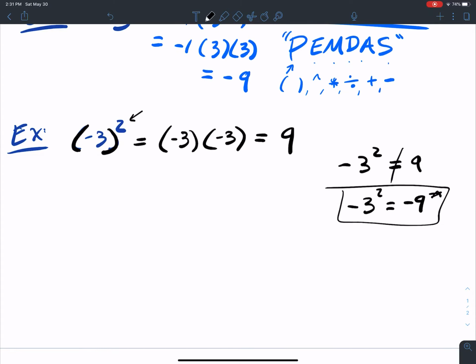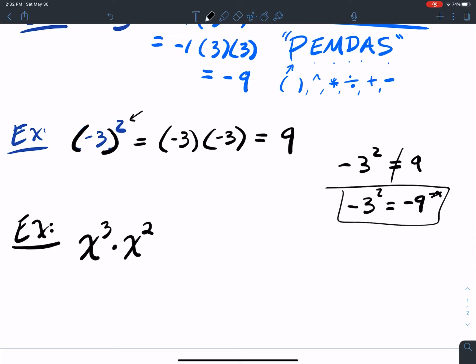Okay. So let's try to do some more multiplication. See if we can come up with some rules. x cubed times x squared. If you're ever in doubt on what to do, the best thing to do is, when in doubt, write it out.